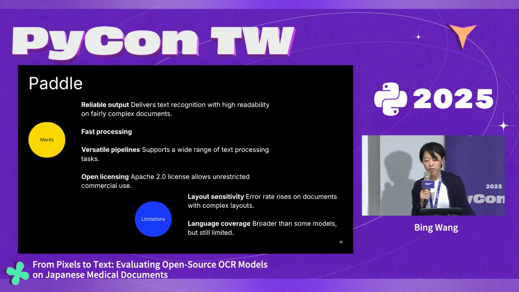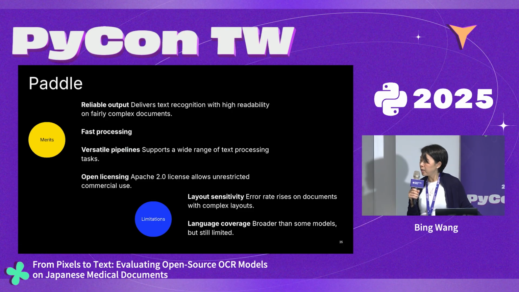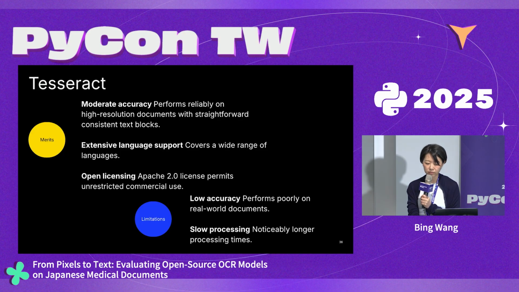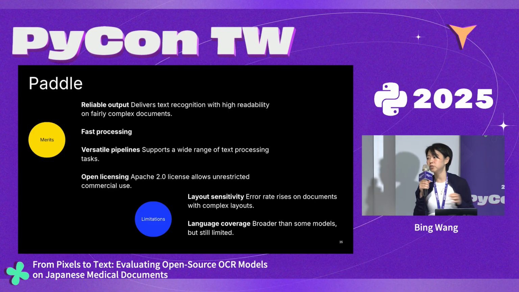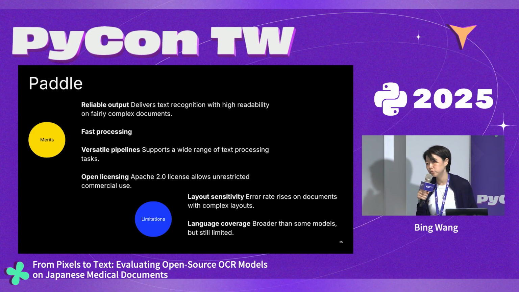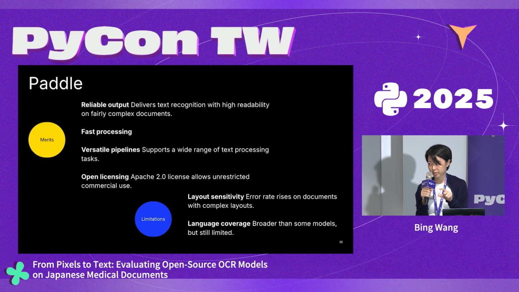Paddle, in general, does a good job. Due to time constraints, we actually tried more documents with it. With simpler documents, for example like this one, Paddle does a very good job. It struggles sometimes with documents that have more complicated layouts. But if your document is simple and straightforward, with consistent chunks of text, I think Paddle is pretty good for that.